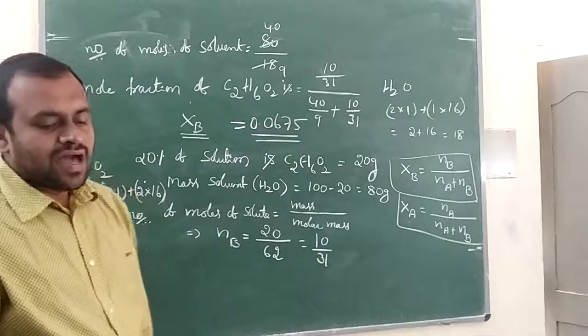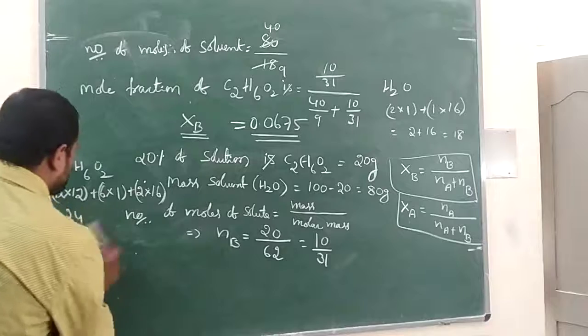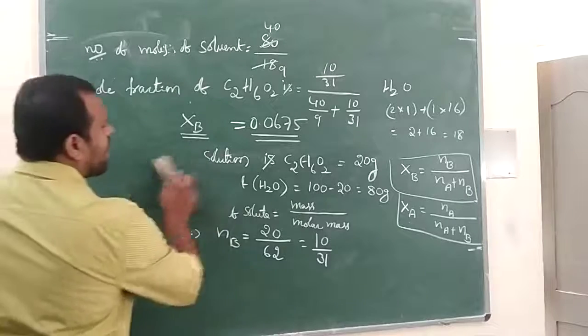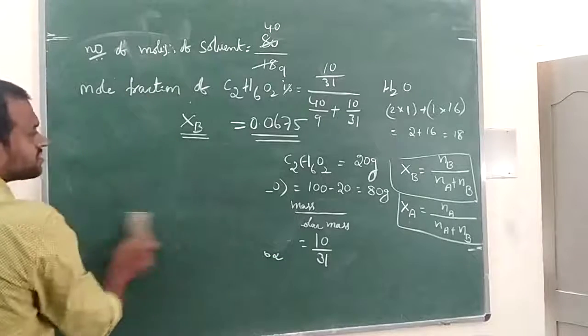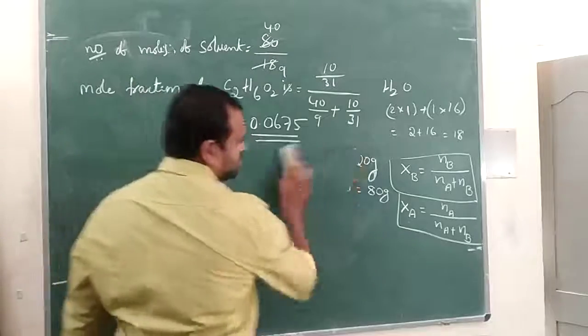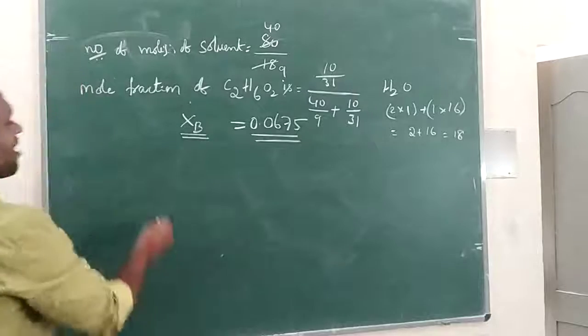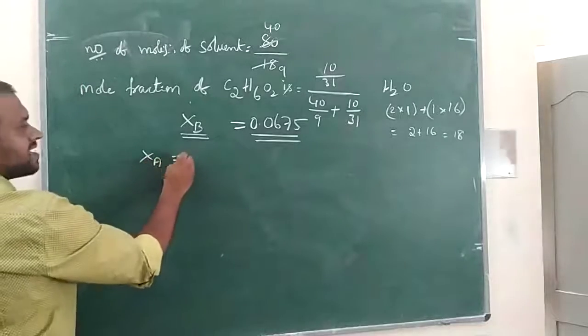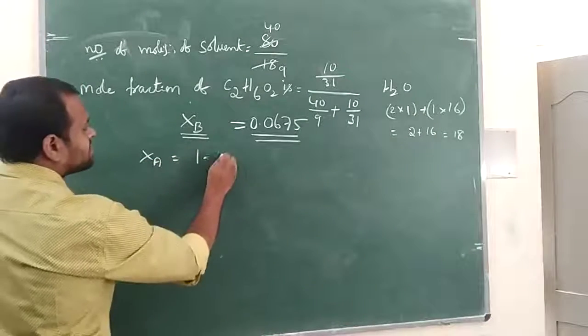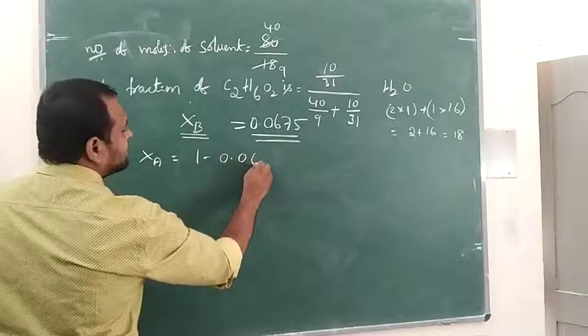we will get 0.0675. So I already told you that the mole fraction of all the components should be equal to 1. Therefore, mole fraction of water, XA, is equal to 1 minus 0.0675.